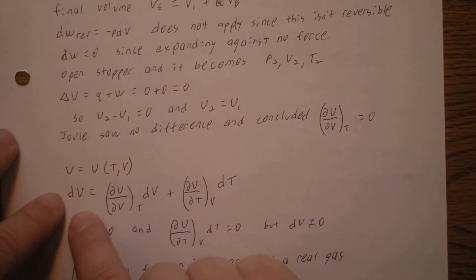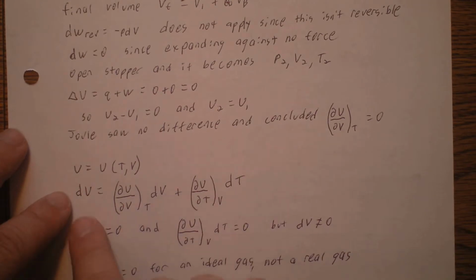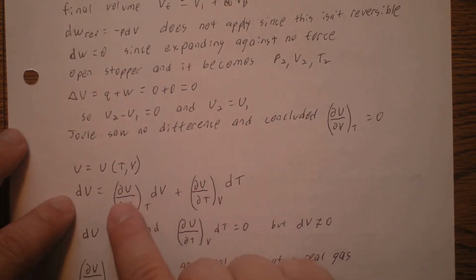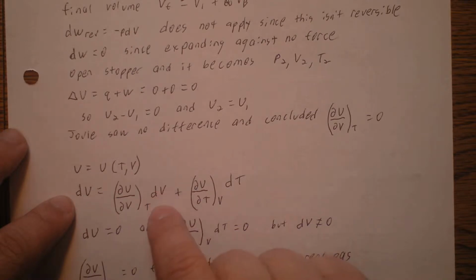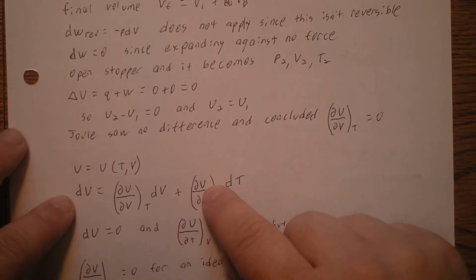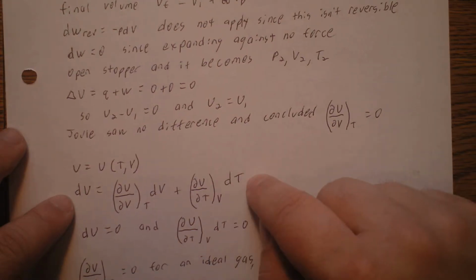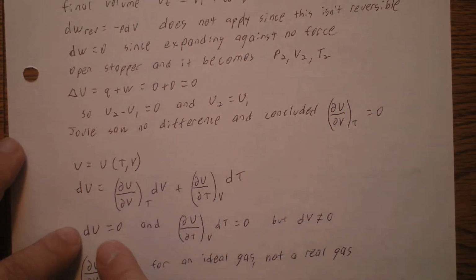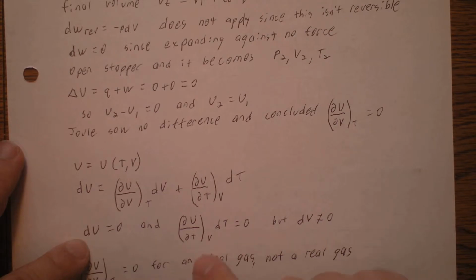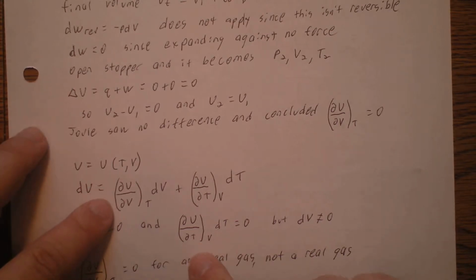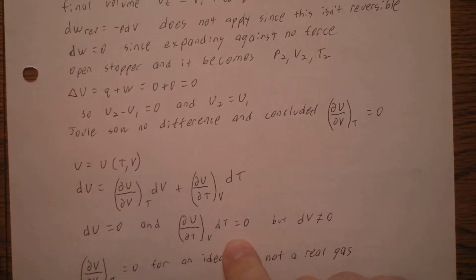So writing out the exact differential, we get that the differential of internal energy is the partial derivative of U with respect to volume holding temperature constant times dV, plus the partial derivative of internal energy with respect to temperature holding volume constant times dT. Now, based on what Joule saw, we're going to say dU is equal to 0. And we also know that the partial derivative of U with respect to T holding V constant times dT is equal to 0.